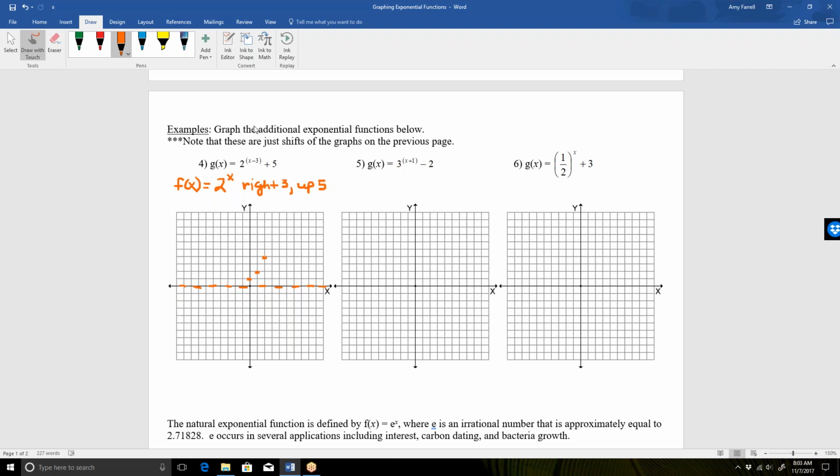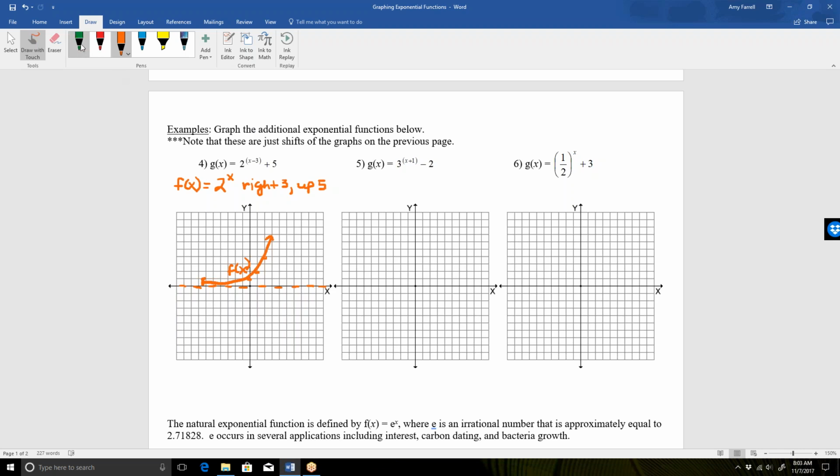But we know that these are going to approach the x-axis, but never actually touch or cross. So I think these points are enough. So here's my graph of f of x equals 2 to the x. So I'm going to call this f of x. We did this on the previous page.